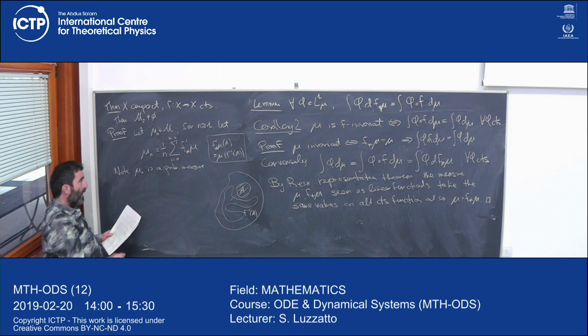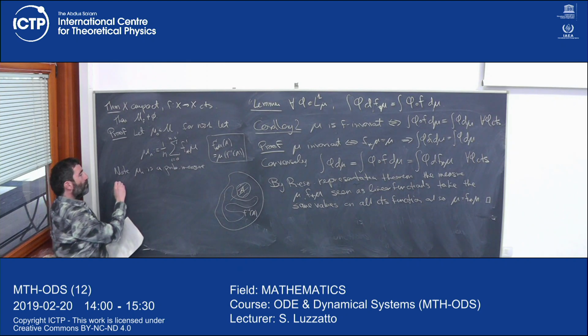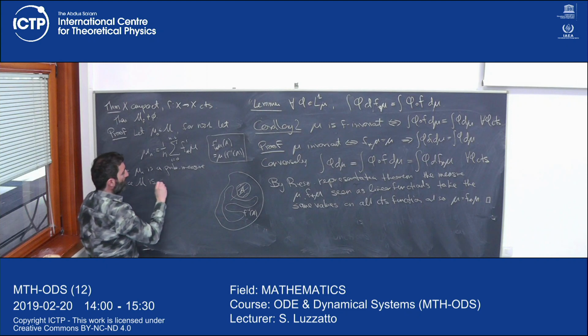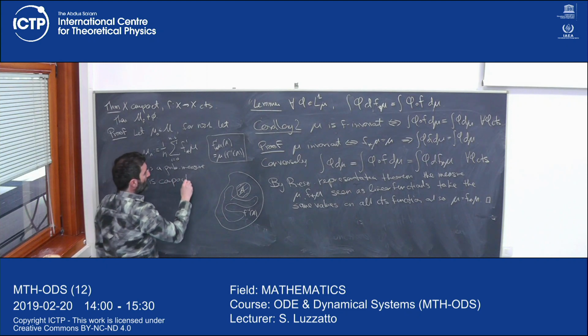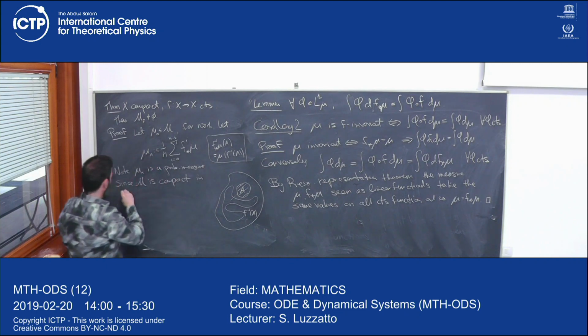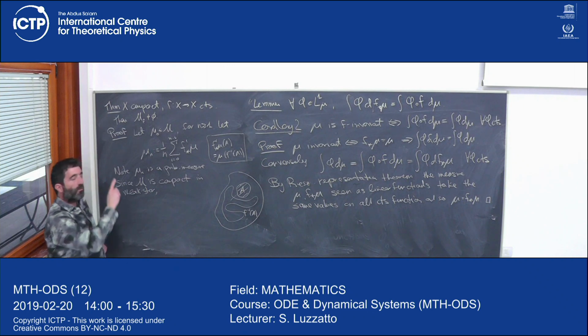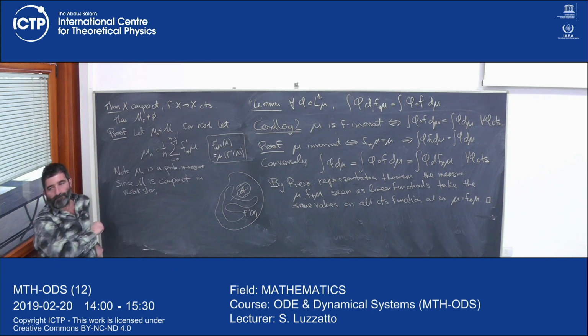And M is compact. Since M is compact in the weak star topology, as we said at the beginning, this sequence has some accumulation points.